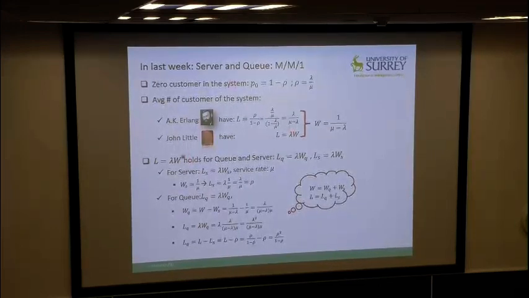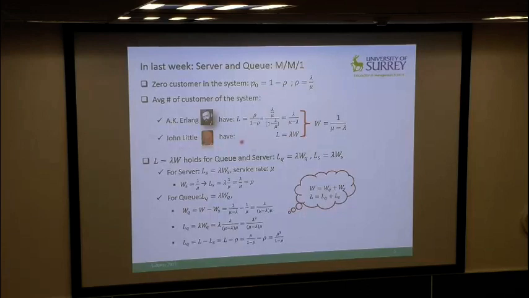At the same time, another mathematician, John Little, derived from another point of view. He thought we should link the average number of customers in our system, the arrival rate, and the time a customer spends in the whole system. That time includes the time waiting and the time being served, so two types of time, service and waiting. In total, we call that W, the total time we spend in the whole system.